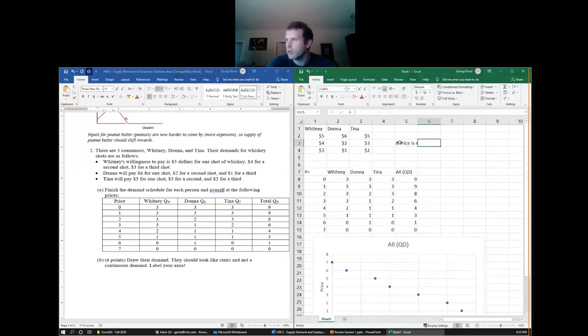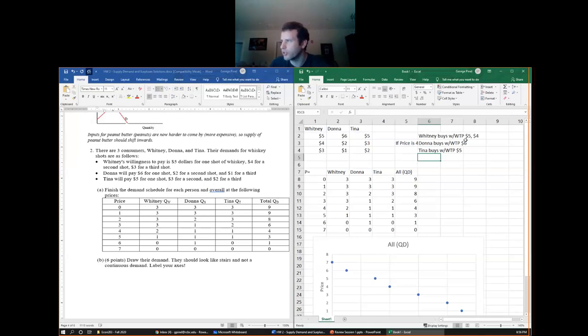we know that Whitney buys with WTP $5 and $4. Donna buys with willingness to pay $6, and Tina buys with willingness to pay of $5.